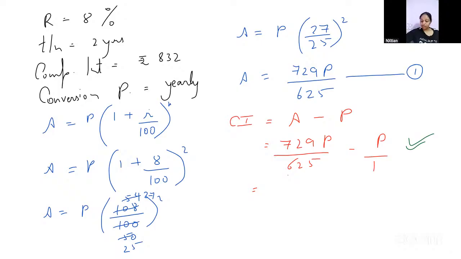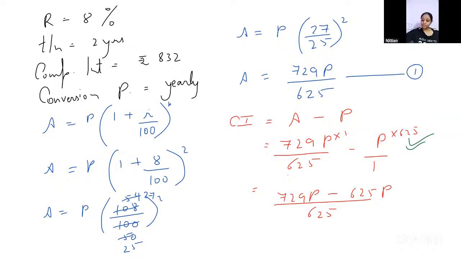Yes. Okay, 1 second. So if I'm solving this side, then I'll take LCM 625, into 1 into 625. So it becomes 729P minus. Ma'am, why do 25 into P?